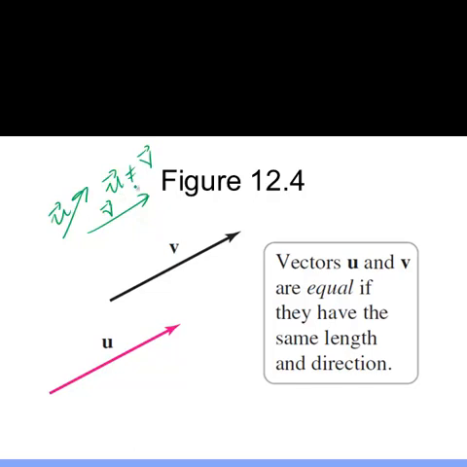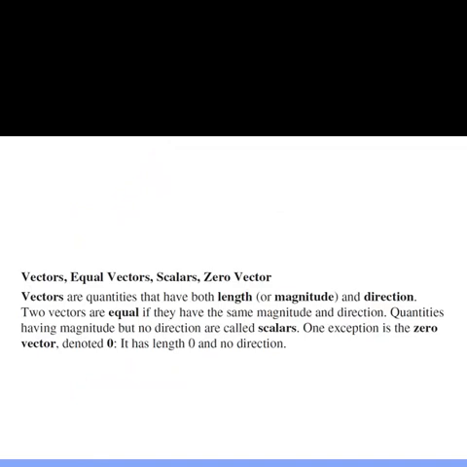Okay. By the way, make sure that when you write down the name of a vector that you're using an arrowhead over the top to indicate that what you just wrote down was actually a vector. All right, so here are some important summaries regarding vectors. Vectors are quantities that have both length, also called magnitude, and direction.